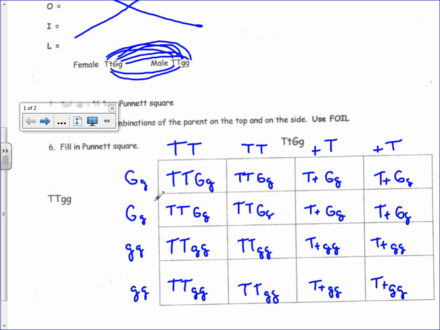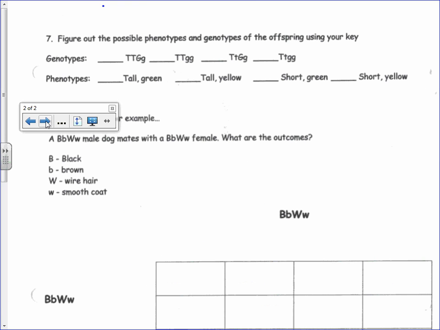So if we look at the boxes here, we have 1, 2, 3, 4 out of the 16 boxes that are homozygous for height and heterozygous for color. So this first one is going to be 4 out of 16, which reduces to 1/4. So 1/4 of the genotypes are going to be capital T, capital T, capital G, lowercase g.